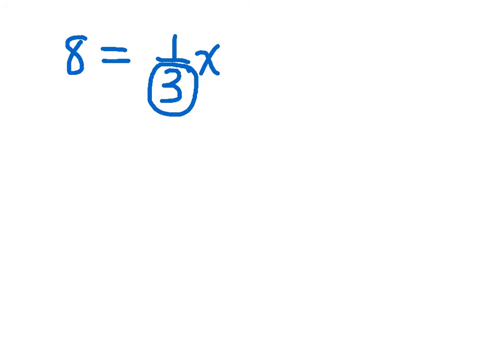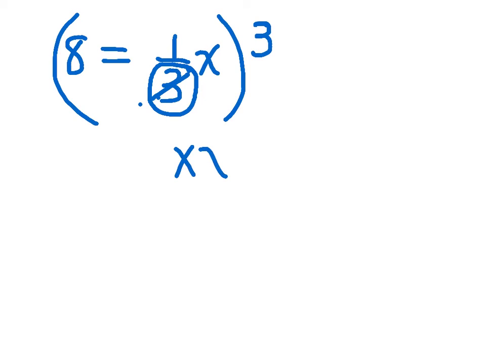The way I get rid of that using a fraction destroyer is to multiply the entire equation, that's why there are parentheses, by that denominator. Multiplying by 3 destroys this and leaves 1x.